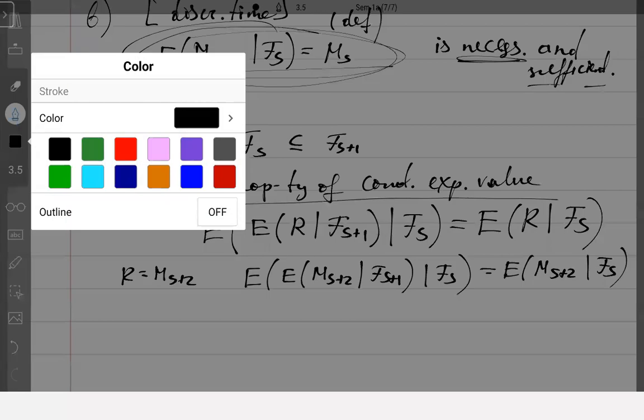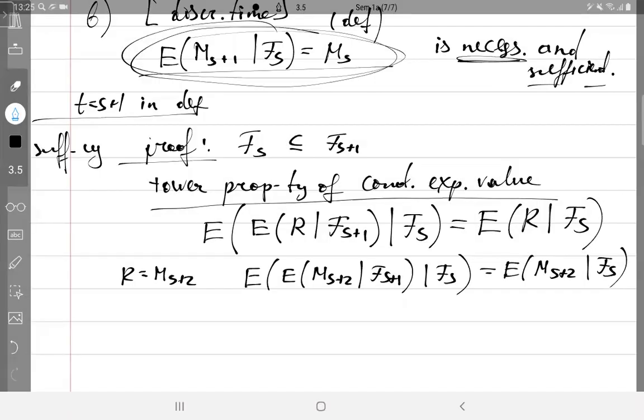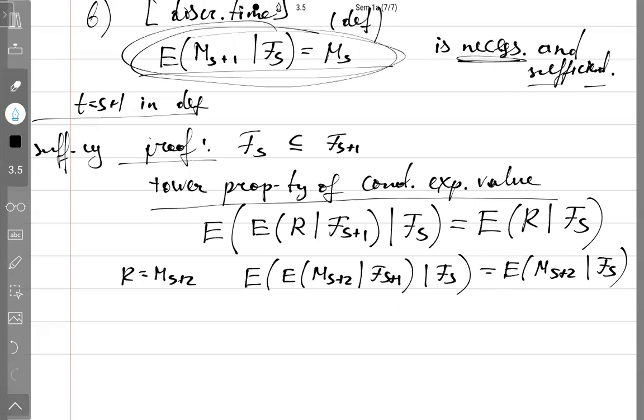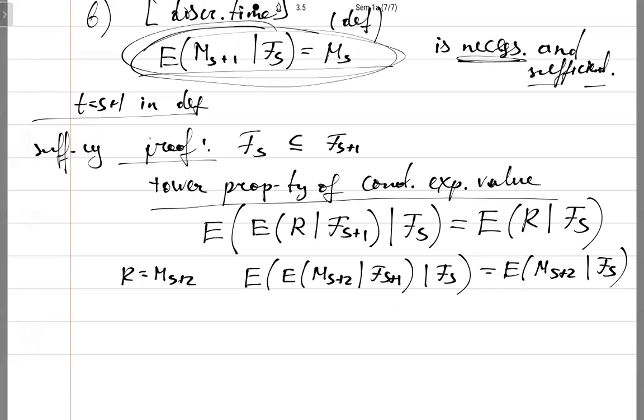Okay, and we believe in the one-step property. Because we believe that the one-step-ahead property holds, this is just M_{s+1}, because we say that for any s, the expected value of the one-step future value given current information is the current value.